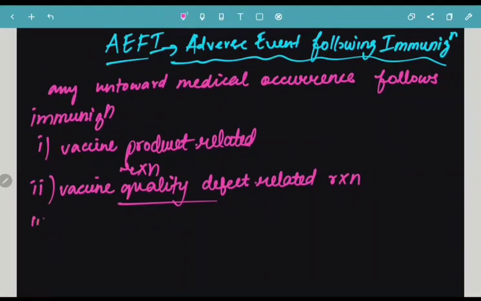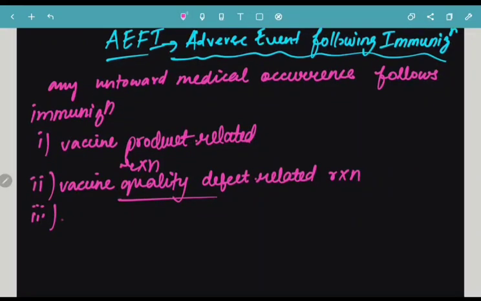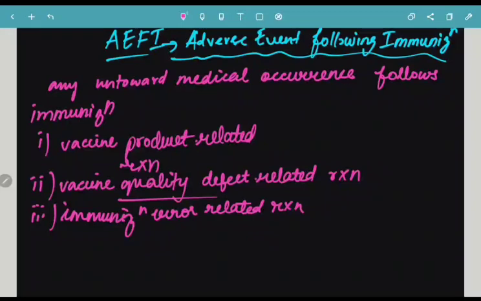The next one is immunization error related reaction. Very important. What is this?